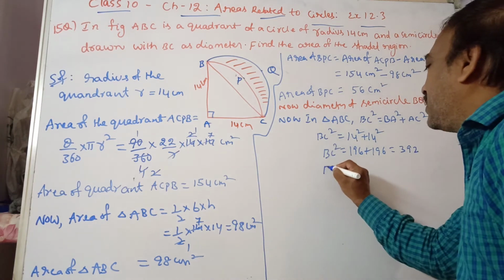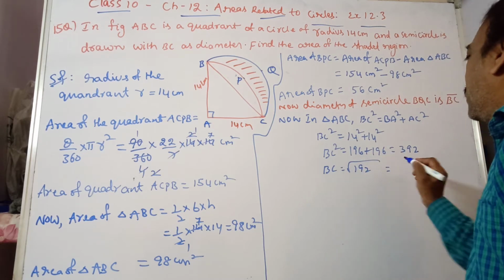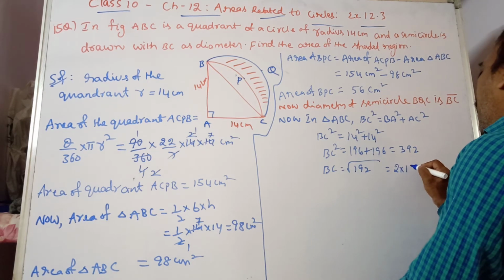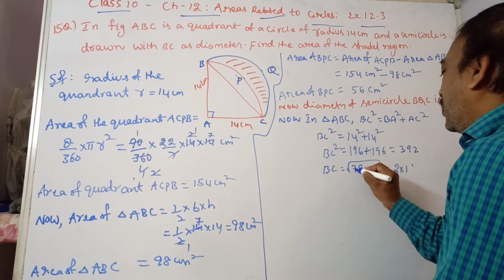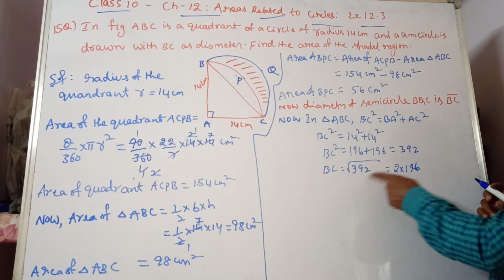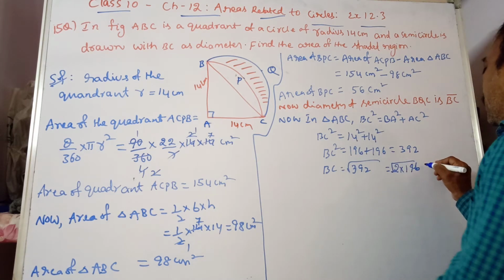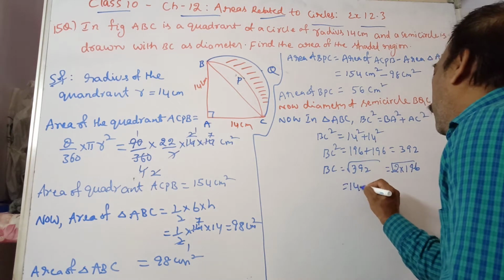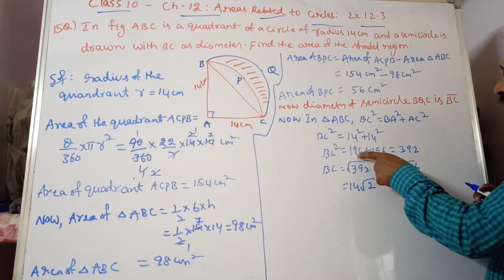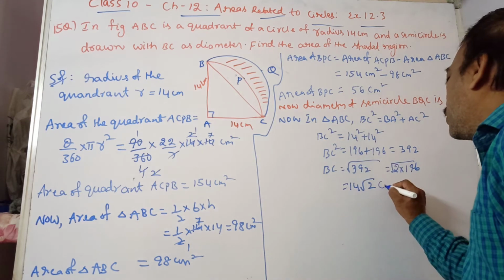So BC is equal to root of 392. This can be written as root of 2 into 196, which can be expressed as 14 root 2. 14 square is 196, and square root of 196 is 14. So 14 root 2 centimeter.